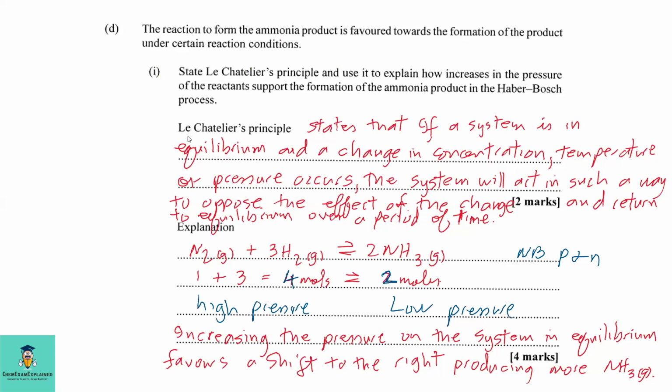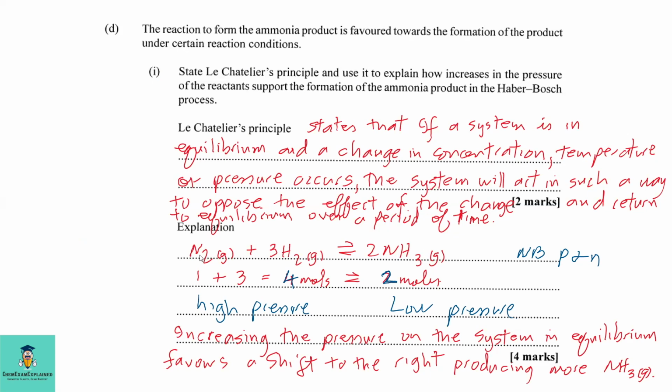So let's define Le Chatelier's principle. So this states that if a system is in equilibrium and a change in concentration, temperature, or pressure occurs, the system will act in such a way to oppose the effect of the change and return to equilibrium over a period of time.